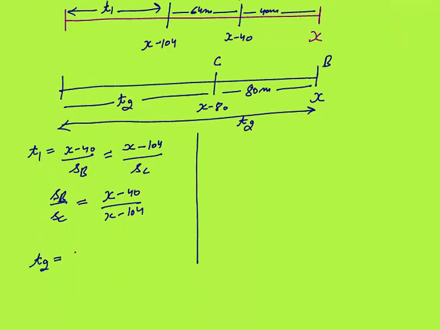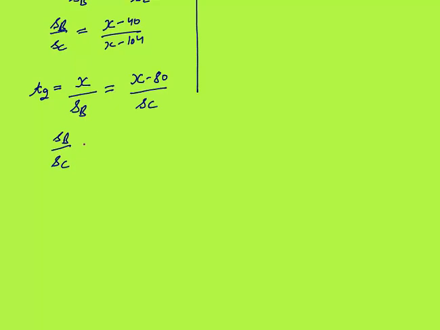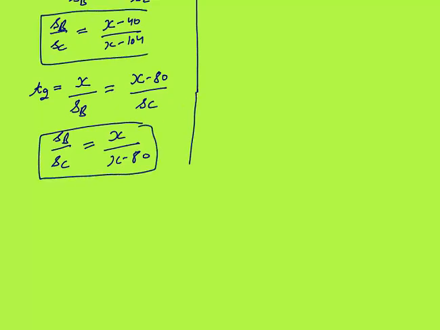Distance covered by B is how much? B covered the complete race, x meter. B speed is SB. In the same time t2, C covered x minus 80. The speed of C is SC. So again you can get speed of B upon speed of C as x upon x minus 80. You got two equations. This was 1, this was 2.